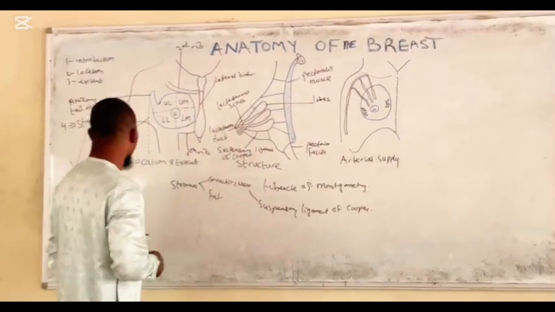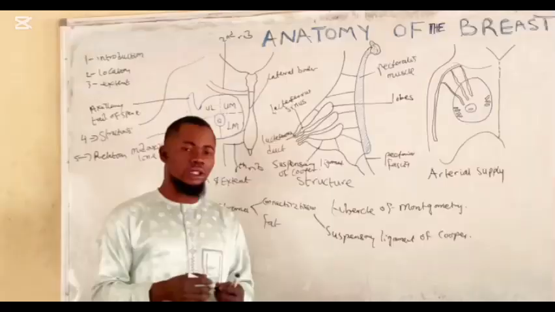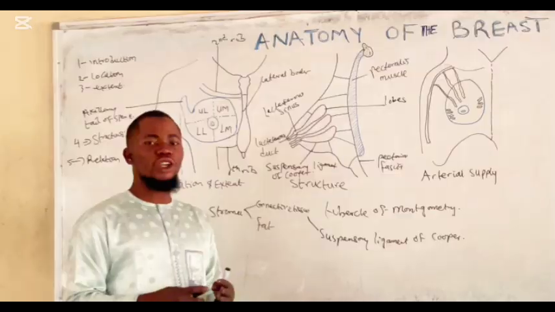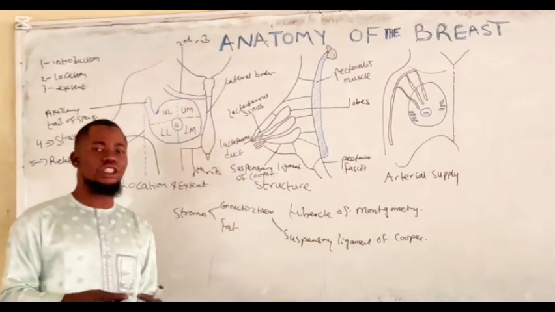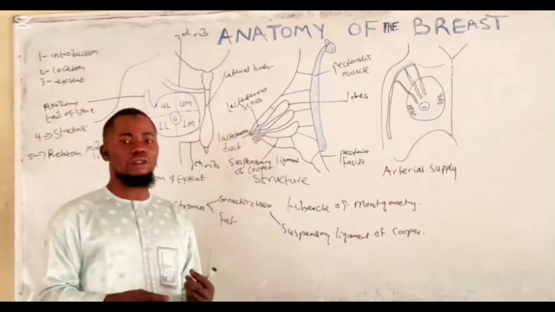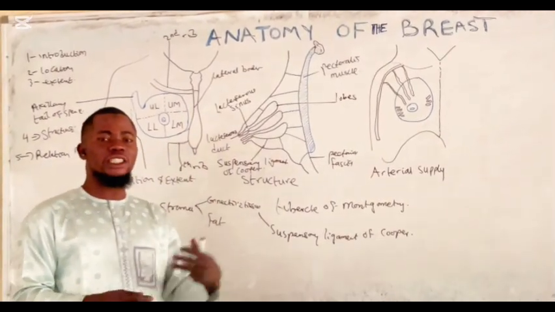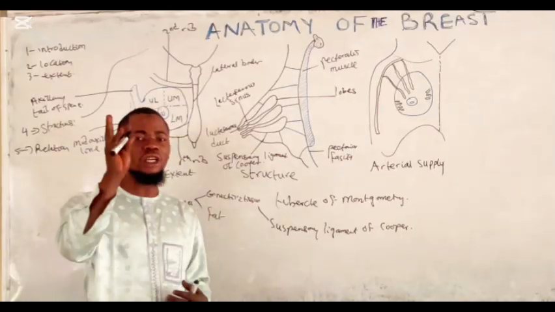Now moving on to the next agenda, which is the relations of the breast. It has a relation with the following structures from superficial to deep. The breast has a relation with the pectoral fascia, which covers the pectoralis major. And deep down it has a relation with three muscles.